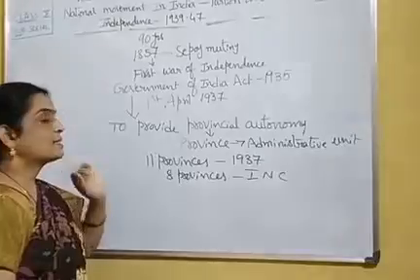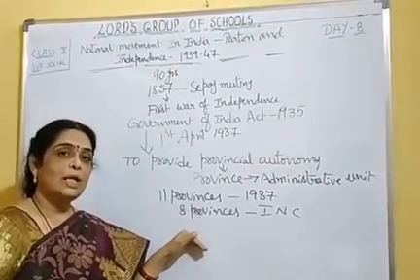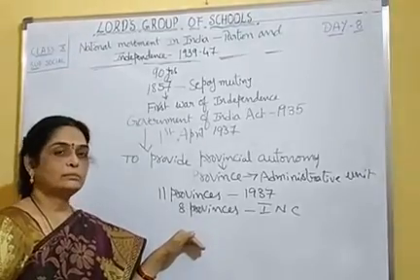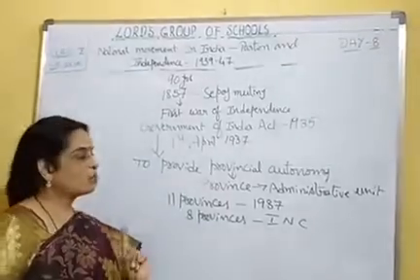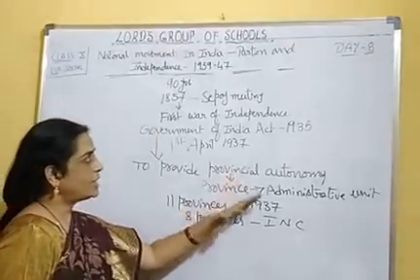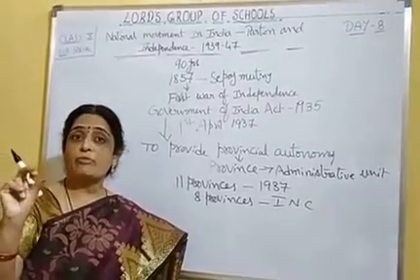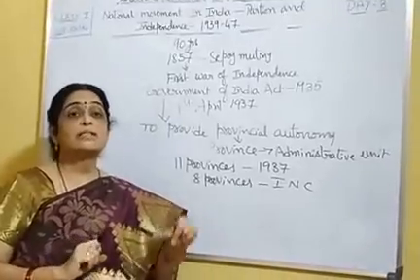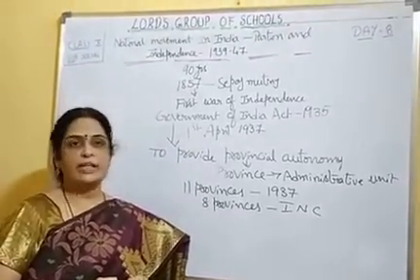Why did the Britishers give this chance to Indians? Did they want to make them partners in the administration, in the ruling? No. Their main intention was this. Already in 1935 to 1937, European countries were facing a dangerous problem, that is the invasions of Hitler.